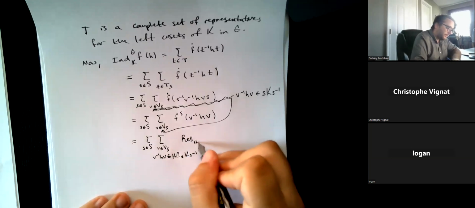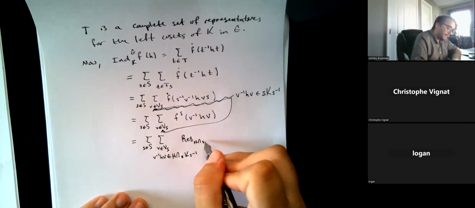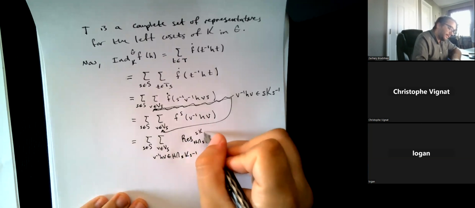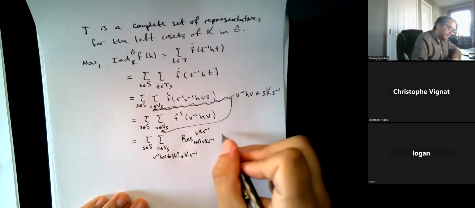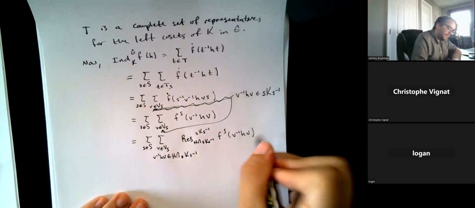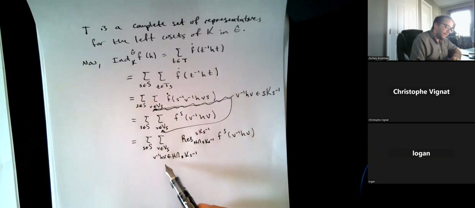Do the restriction, H intersected with S K S inverse, to S K S inverse, F_S of V inverse H V. We're allowed to put this restriction here under this condition.